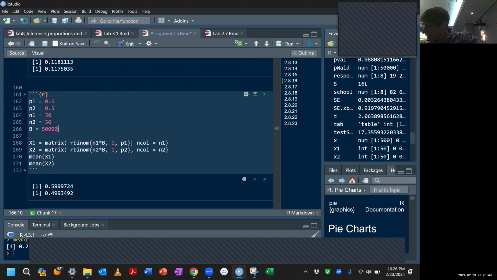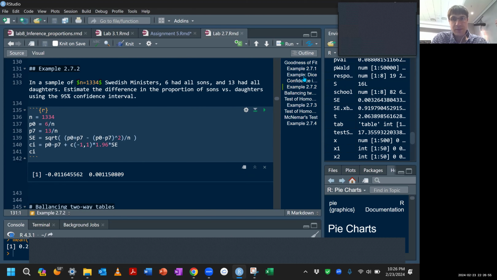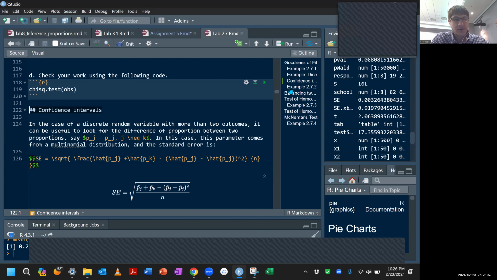Question 17 is the same thing as this confidence intervals for difference of proportions. Notice you're looking at the difference of proportions between two front runners in a race.